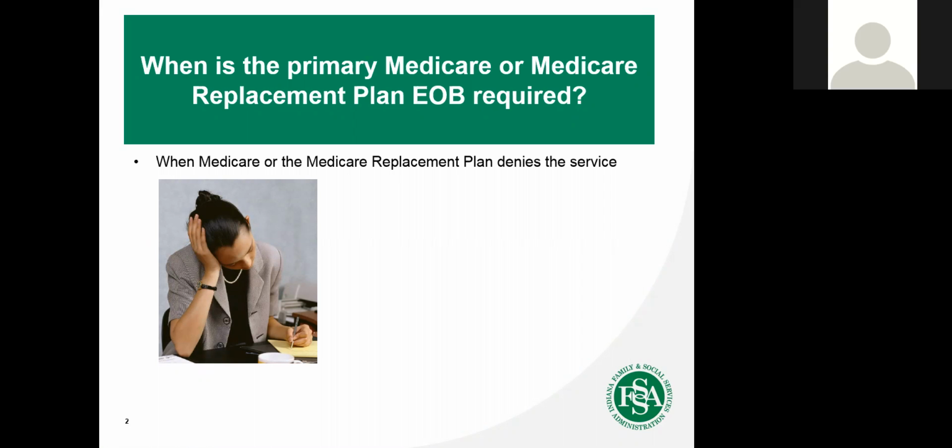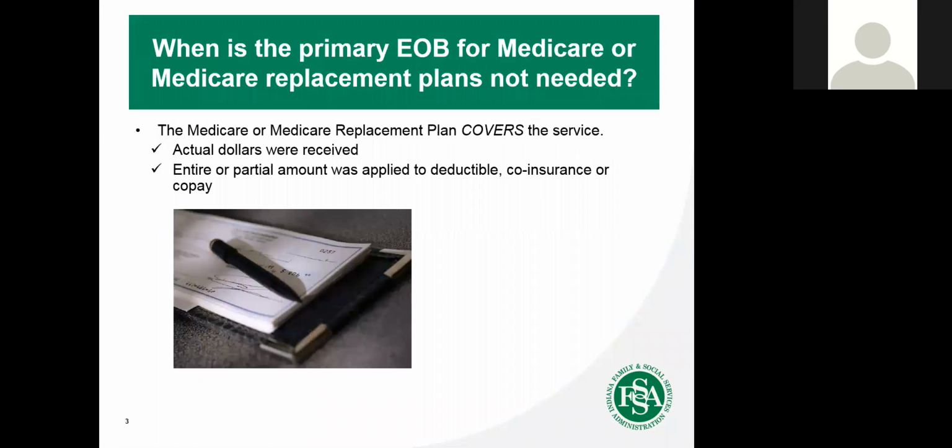So if Medicare denies the claim, we'll need that EOB attached to the claim. So we don't need it if it is a Medicare crossover where actual dollars were received, or even if the entire amount was put toward deductible or the coinsurance or the copayment. I've seen a very strange EOB where some of the Medicare replacement plans do apply the full amount to copayment.